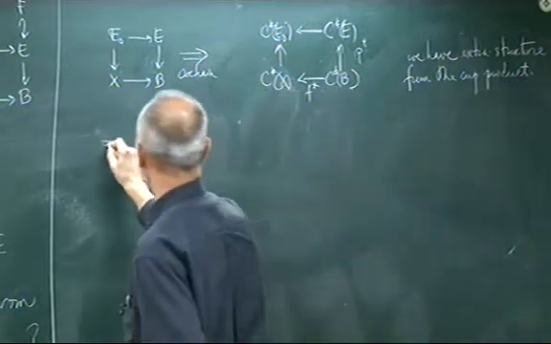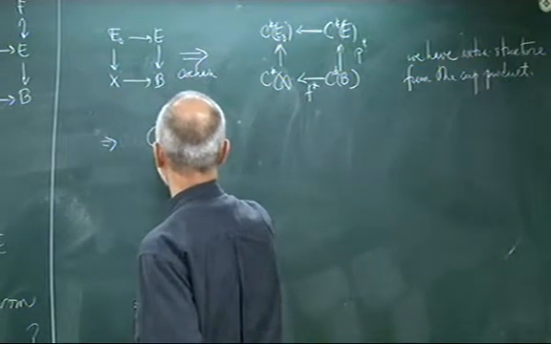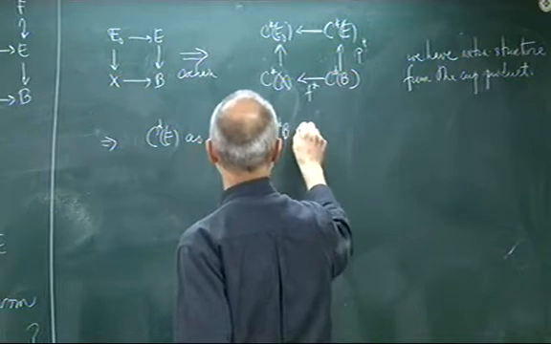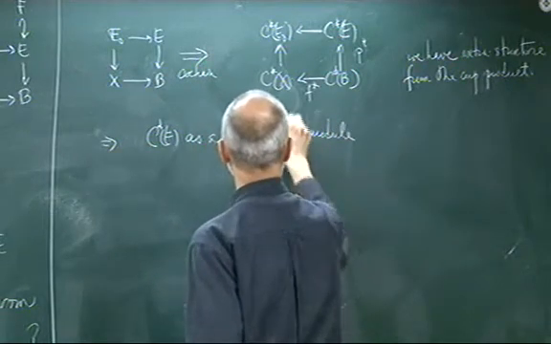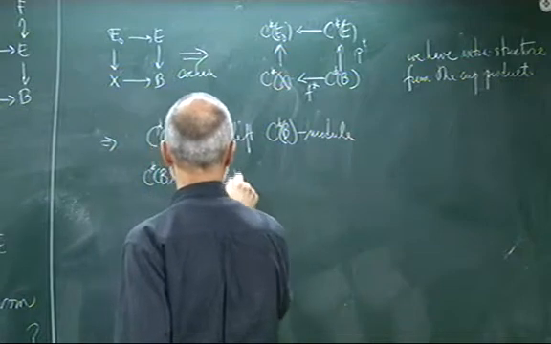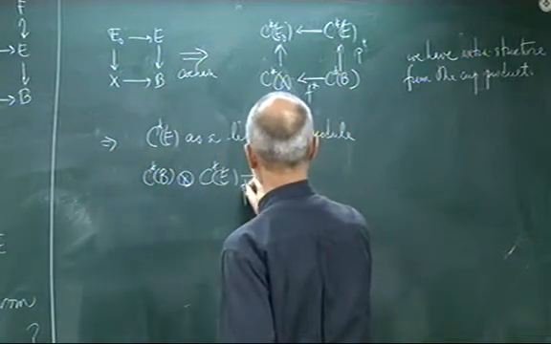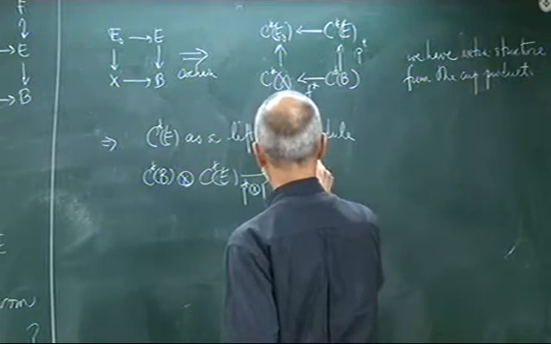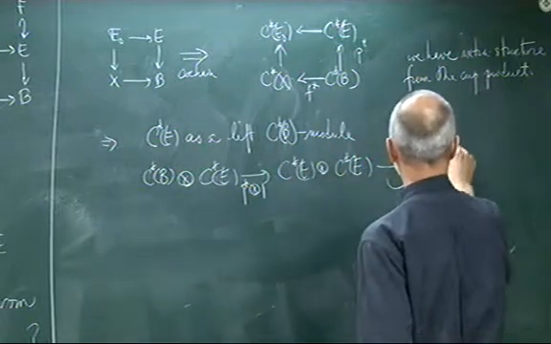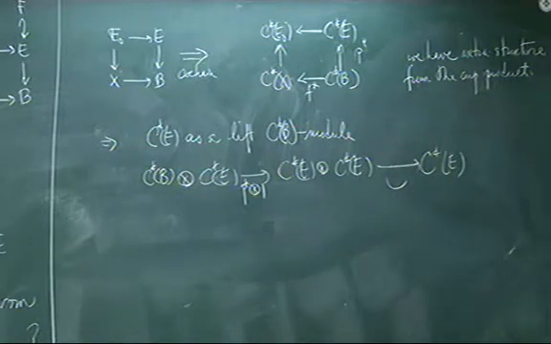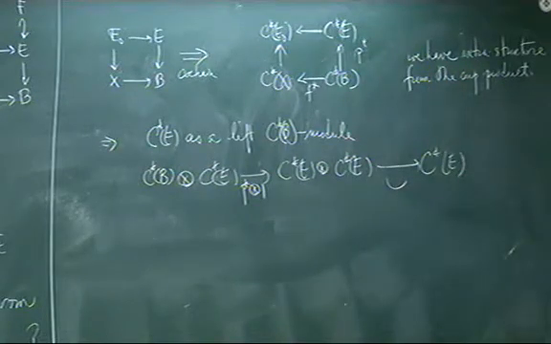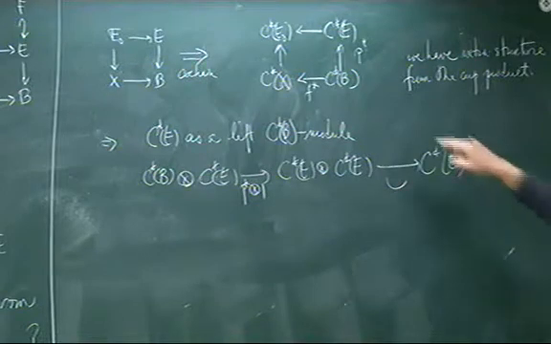So in particular, this implies that I can write C star E as a left C star B module, where the action is given by simply doing p star tensor 1 to C star E tensor C star E, and then the cup product brings me to C star E. So this I get automatically from the existence of this ring homomorphism up here.